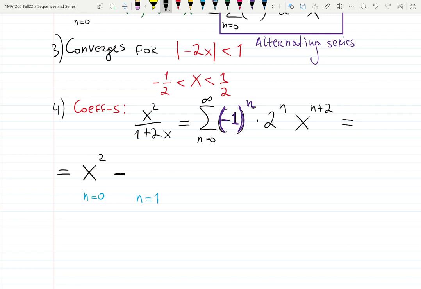Plus, minus, plus, minus. So at 1, I will have minus 1 times 2 times x to what? 3. And now you can see the pattern right away. Do you see the pattern? When I plug in 2, what is going to be? Plus 4x to the 4.